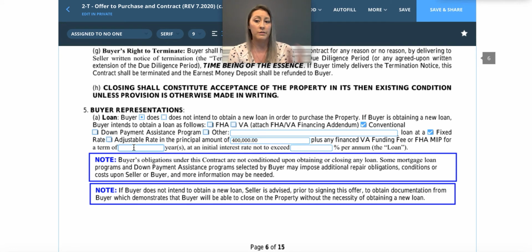And term, again, you should have this in the pre-qualification letter. Most offers now require a pre-qualification letter submitted with all offers, so you should already have this information and know what kind of loan they're trying to obtain. So we're going to say this is the 30-year at 3% interest rate. I don't know what interest rates are right now.